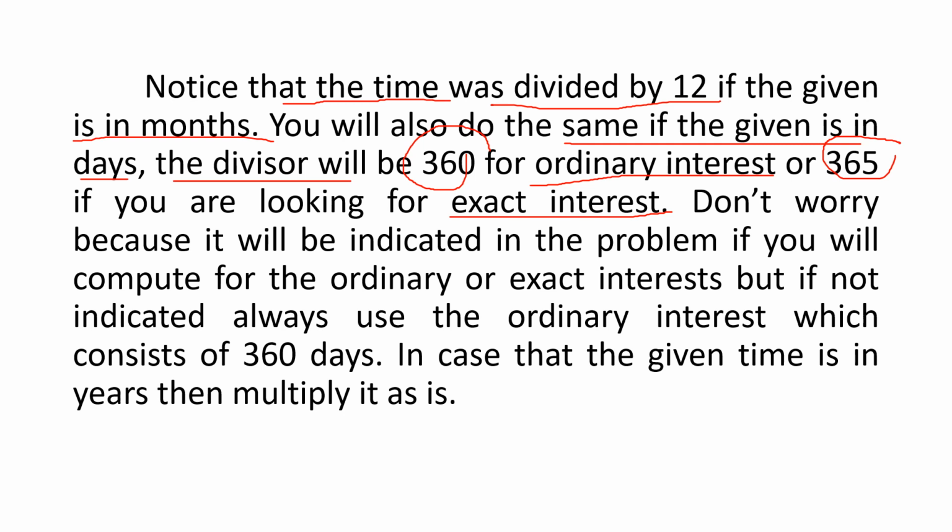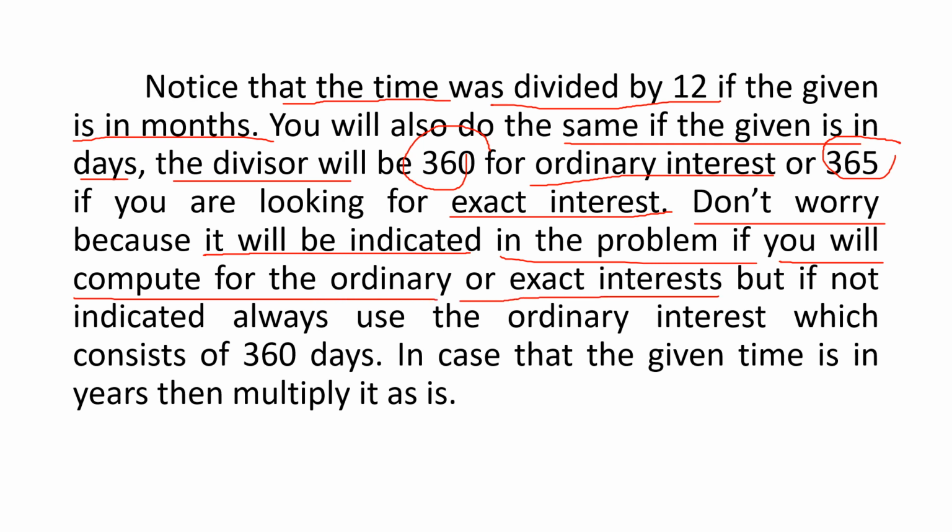And if you're asked to look for the exact interest, then we use 365. Don't worry, because it will be indicated in the problem whether you will compute for the ordinary or exact interest.